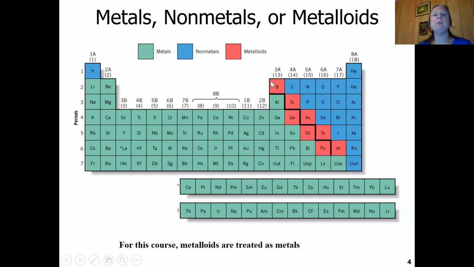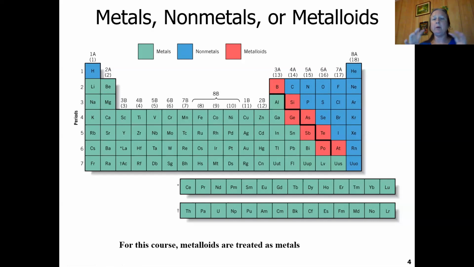As we go to the right, as we go across a period, if we go from lithium all the way to fluorine, your radius gets smaller because you're getting an increasing number of protons, and every time you add a proton, you're increasing the pull of the electrons around that nucleus. So you're getting smaller in this direction, but you're getting bigger as you go down because you have more and more shells.